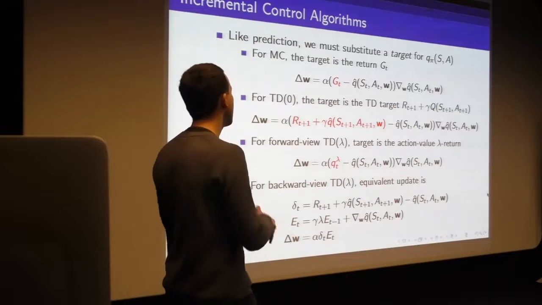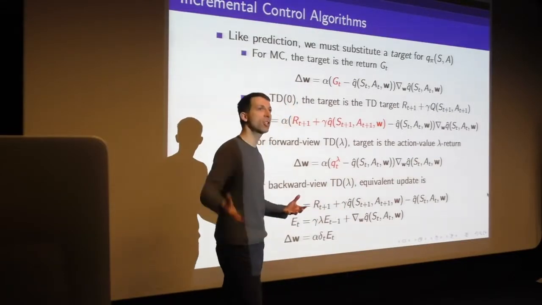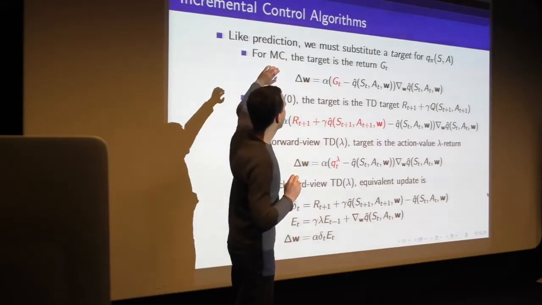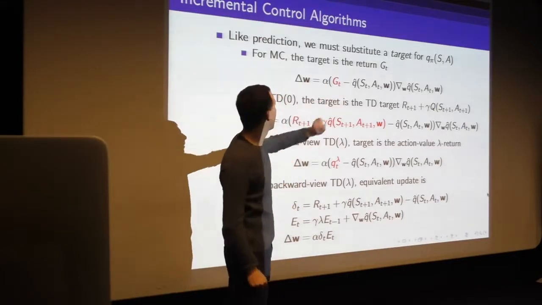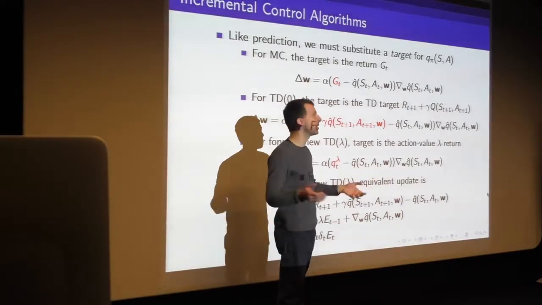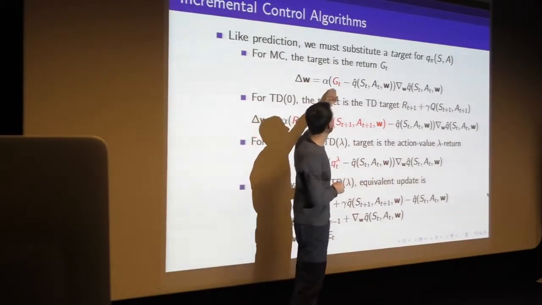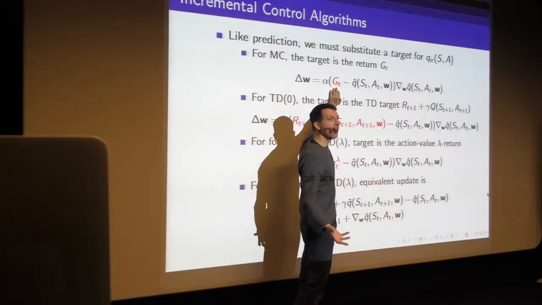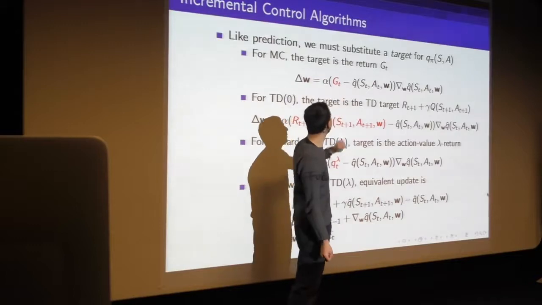Okay, we can plug in the same idea. So this is just the same machinery again. I'm not going to dwell on it for too long, where we can basically do exactly the same things with Q. We can use Monte Carlo learning. So now, if there's no oracle, what do we do? Well, again, we can use the return as a noisy, unbiased estimate of the oracle.